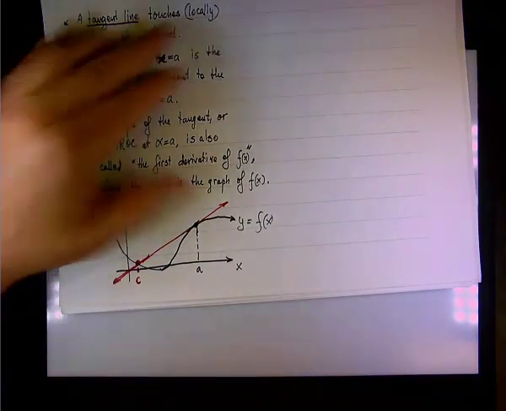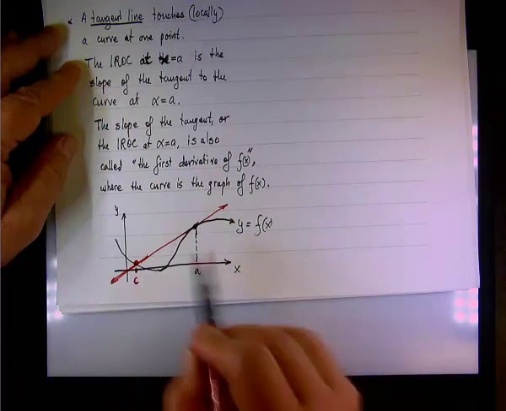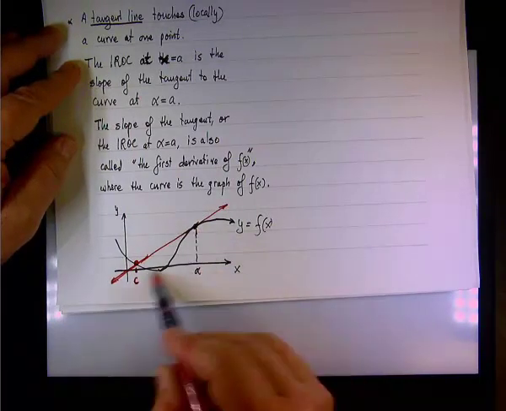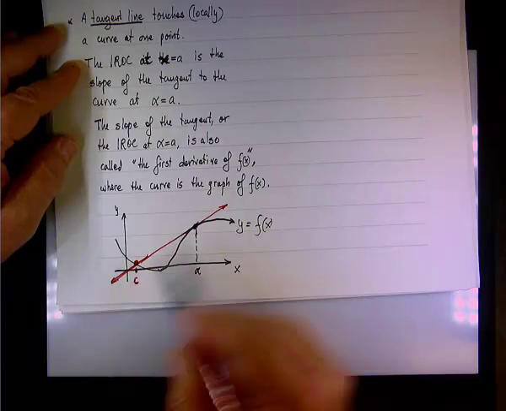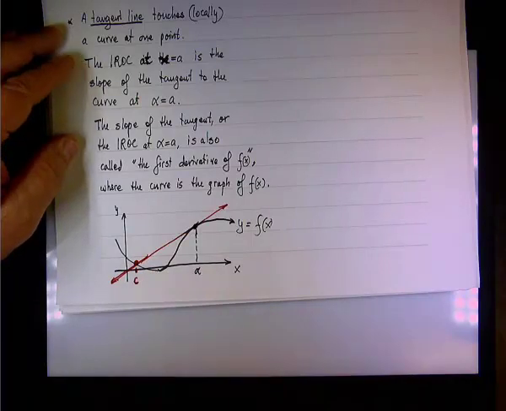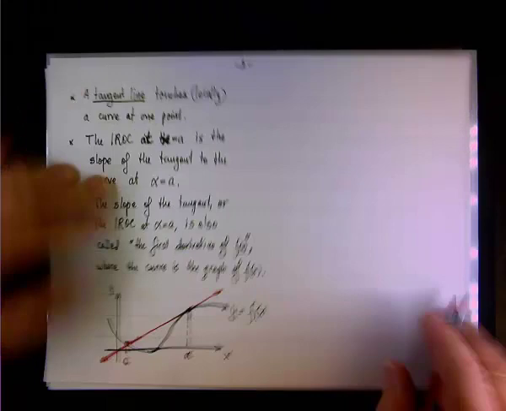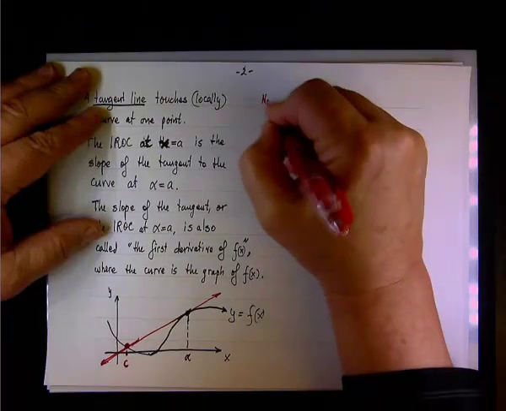That's why I said it touches locally. So right at x equal a, it is a tangent, but it's also a secant if you look from C to A. Okay, so let's write here a remark.